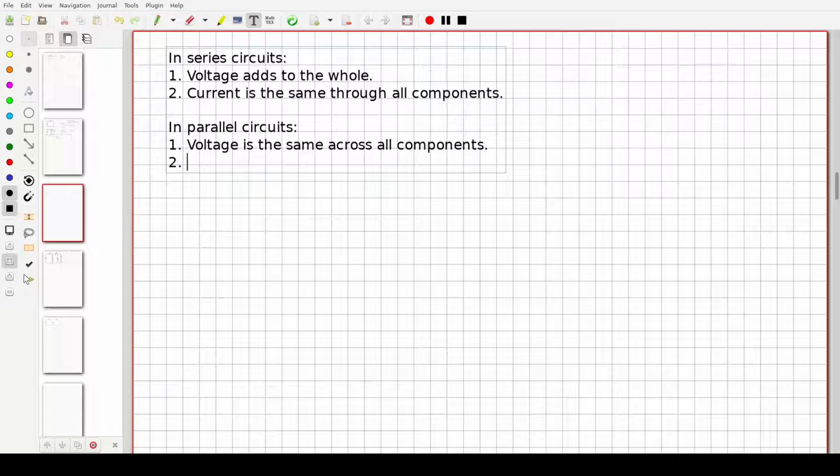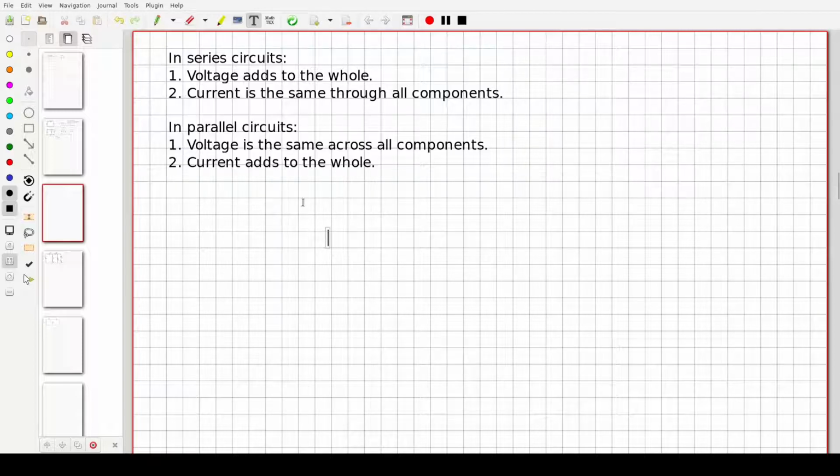We also know that the current adds to the whole. That means that the current, when it passes through a junction, is split. When those junctions recombine, you get the same current out that went in. Now, in part, that's a consequence of conservation of charge, which is something that you learn about in a different class.